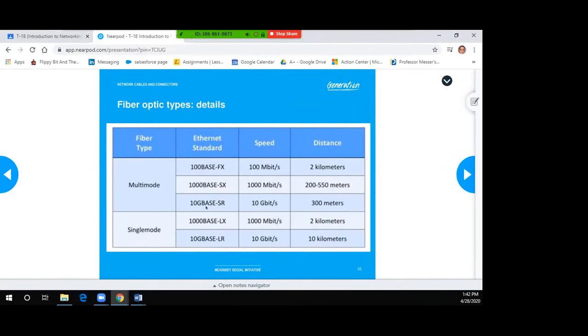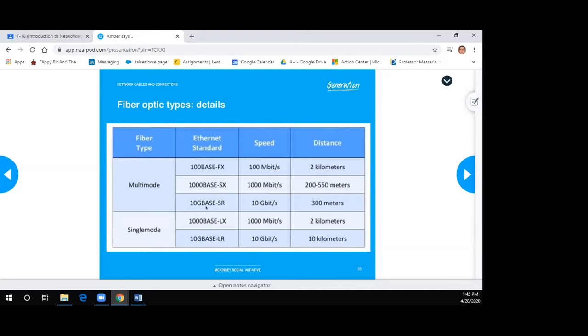Here's our multimode. The multimode fiber has 100 base, gigabit, and 10 gigabit. Variance is depending on the actual distance itself. The 100 base FX goes 2 kilometers. The gigabit goes 200 to 550 meters.